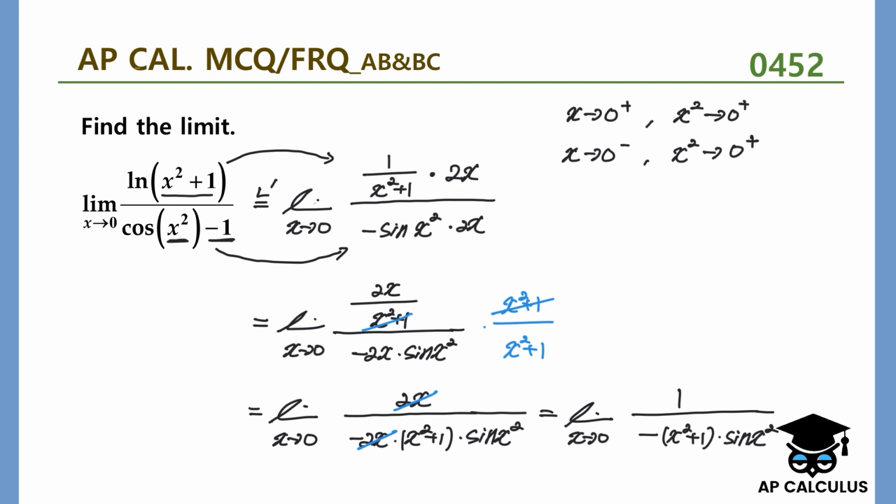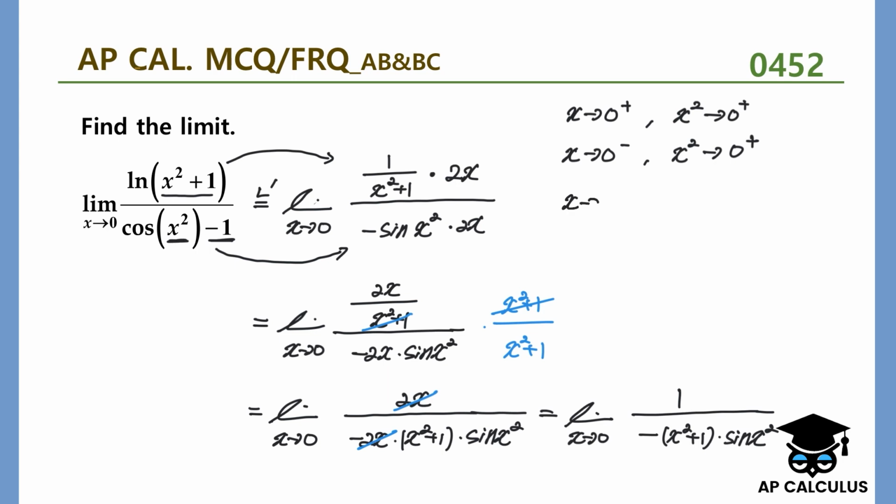Does that make sense? Let's say this x value is negative 0.1. Then x squared, negative times negative, is positive 0.01, right? It approaches 0, but from the right hand side.